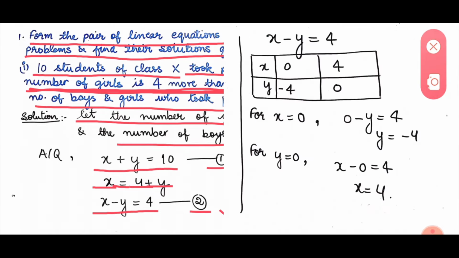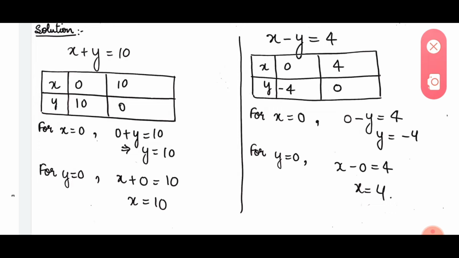Now you can see on the screen that x plus y equals to 10. This was your first equation, right? So let us find the points for the first equation, for which I am putting the value of x as 0. Now let us find the value of y corresponding to the value of x as 0. So you will get 0 plus y equals to 10 or y equals to 10.